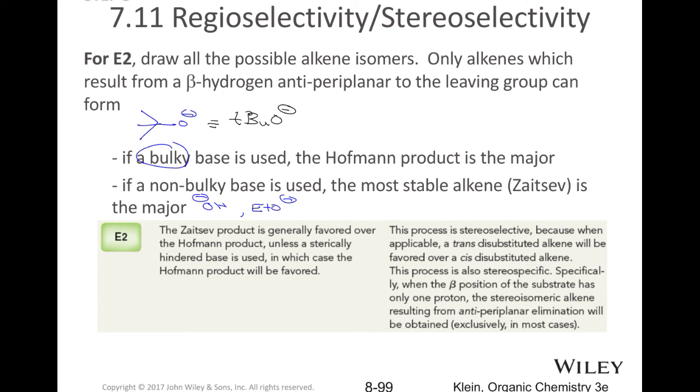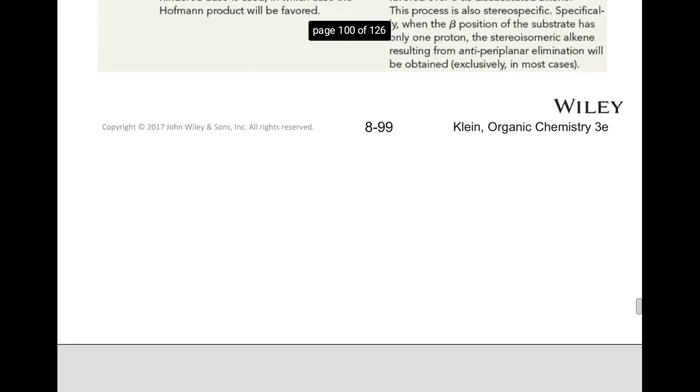If we use a non-bulky base like hydroxide or ethoxide, the more stable alkene, the Zaitsev product, will predominate. If you remember, the Zaitsev is the more substituted, more stabilized alkene.